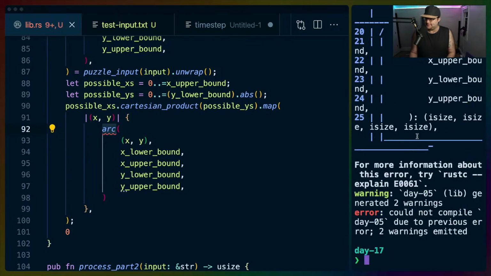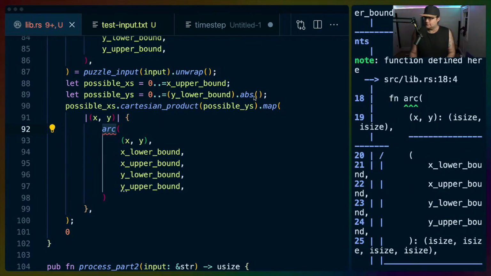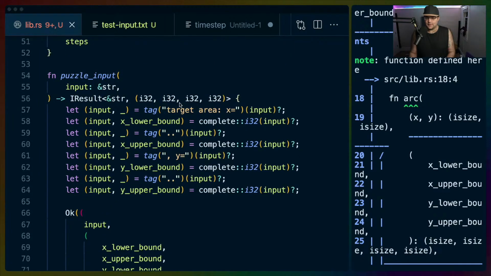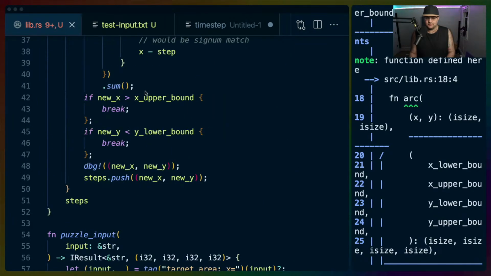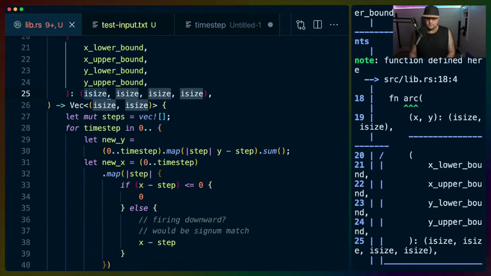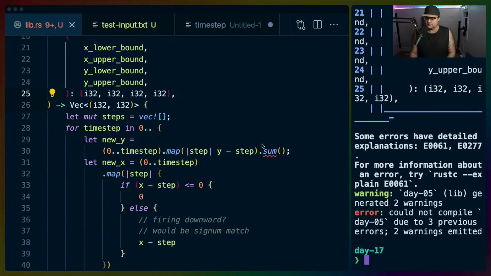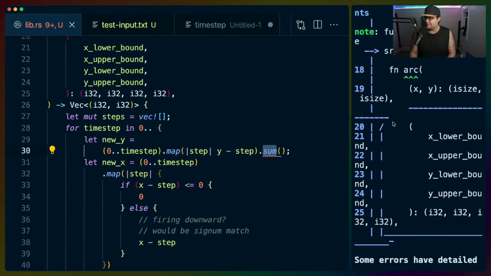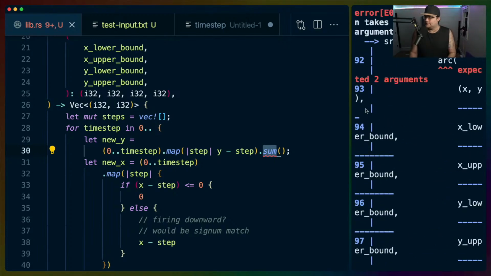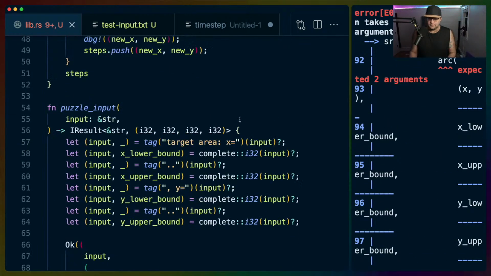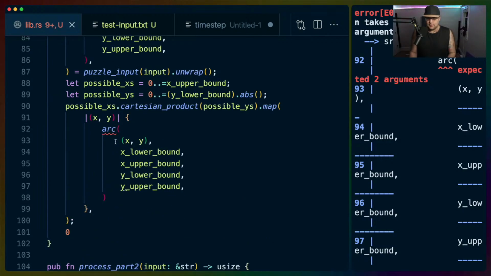What's wrong with arc? Because we take isizes in arc and we need i32s? Can we not sum an i32? Let's start with this problem.